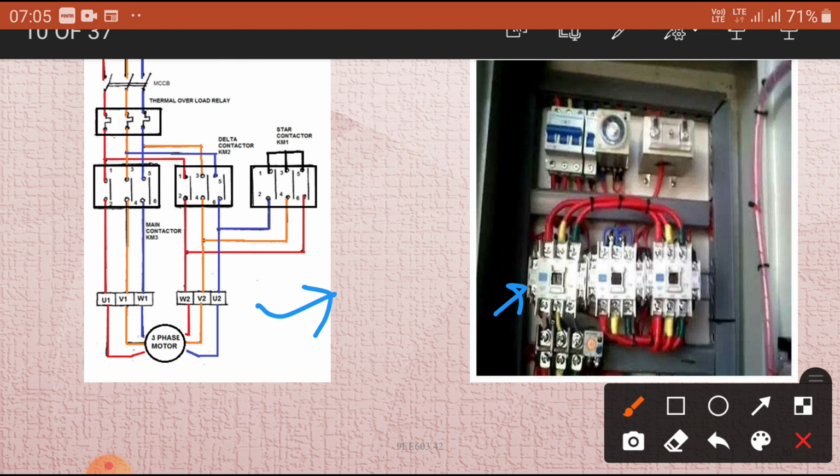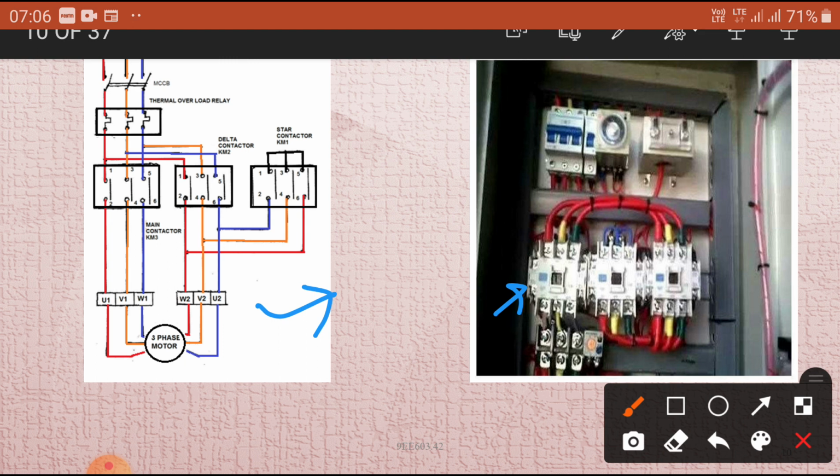This type of starter is used for motors which are designed to run normally with a delta connected stator winding. At the instant of starting, the two-way switch is thrown to the start position, which connects the stator winding in star.